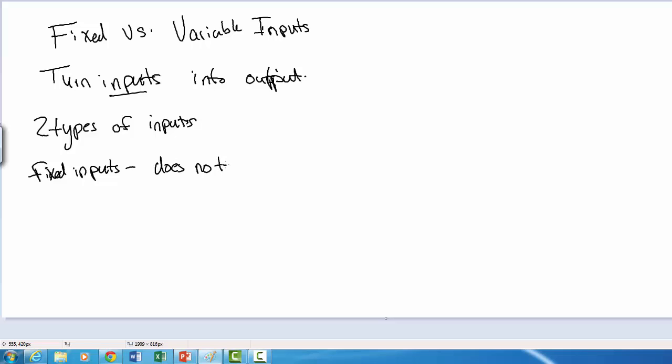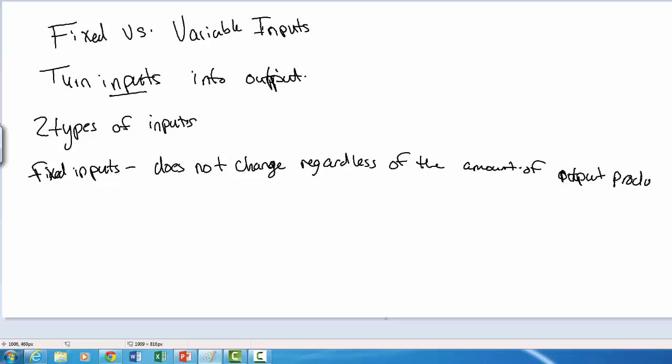So this does not change regardless of the amount of output produced. So fixed inputs, they're fixed. They never change. They do not change regardless of the amount of output produced.